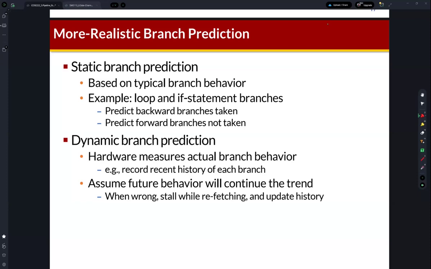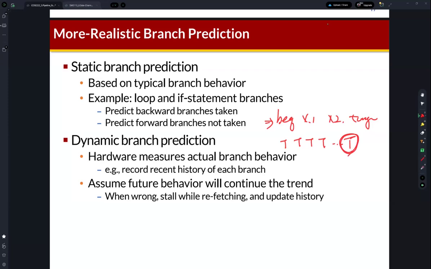So for example, take this branch instruction like BEQ, X1, X2, and target. When you check this branch instruction, the results of the branch instruction are true, true, true, and true. In this case, we can just predict that the next result is also true.